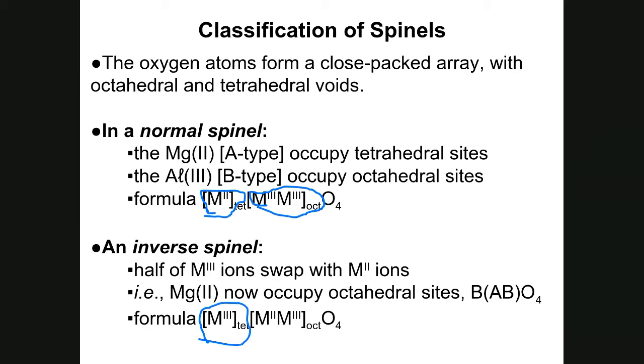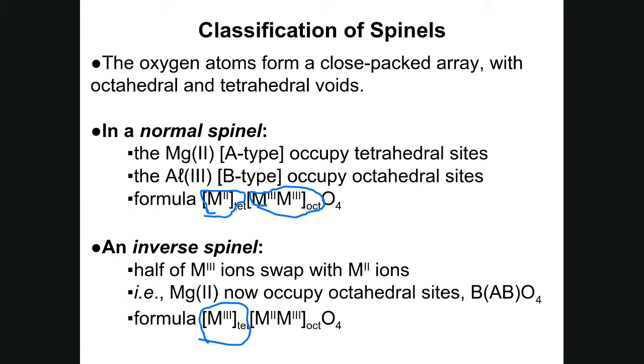But in this case, the energetics favor it to go out into the tetrahedral environment and promote the divalent ion into the octahedral site. So half of the 3+ is now taken out to be in tetrahedral sites, and the remaining half is paired with the divalent. So this constitutes an inverse spinel.